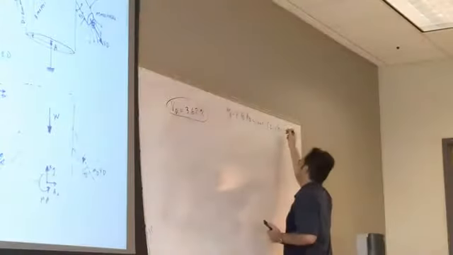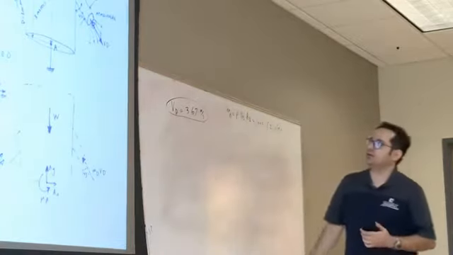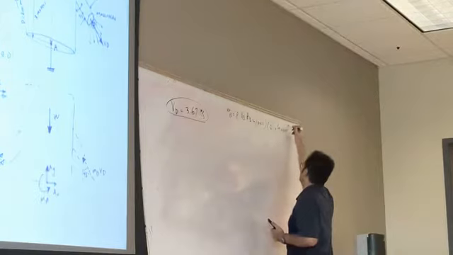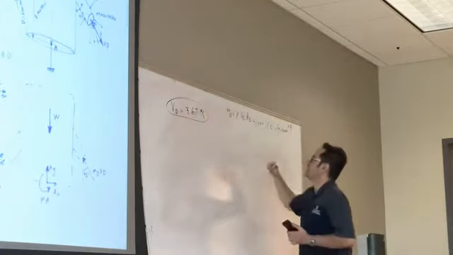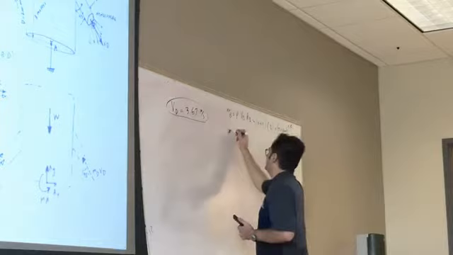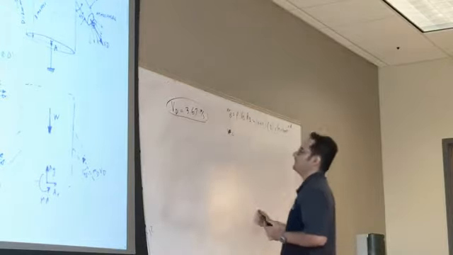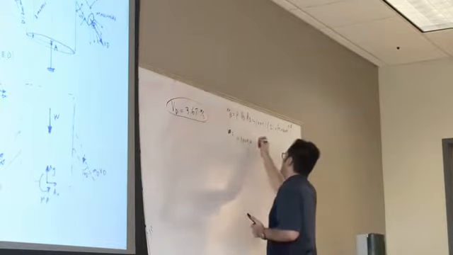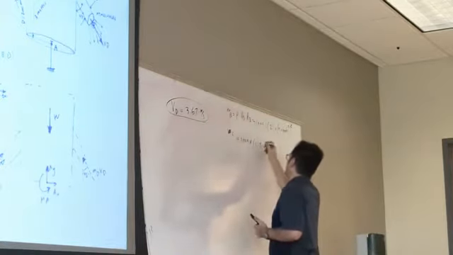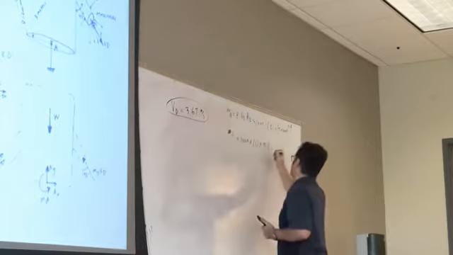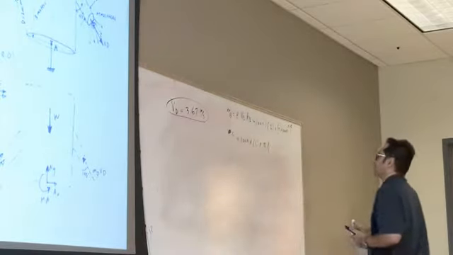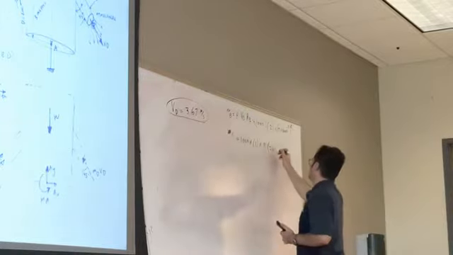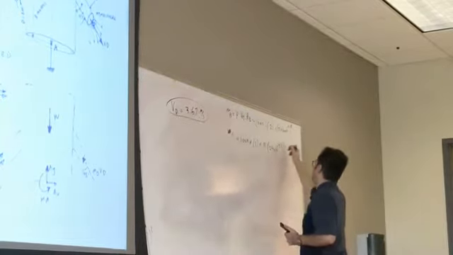Times AB, pi times 133 squared. m dot C is equal to 1000 times VC times AC, pi times 25 squared.